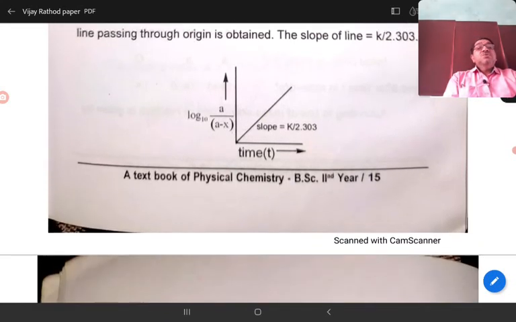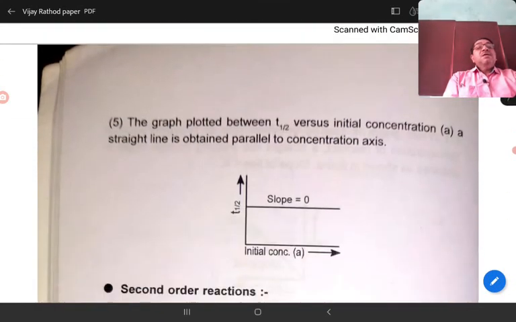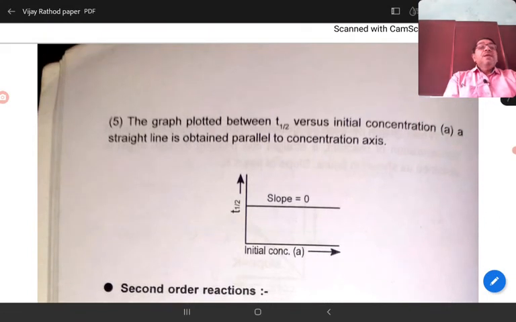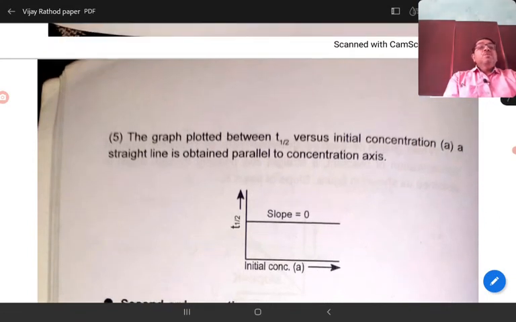So here is another factor, that is slope and initial concentration and half-life time. Here t half is shown on the y-axis and initial concentration on the x-axis, and the slope is equal to 0.